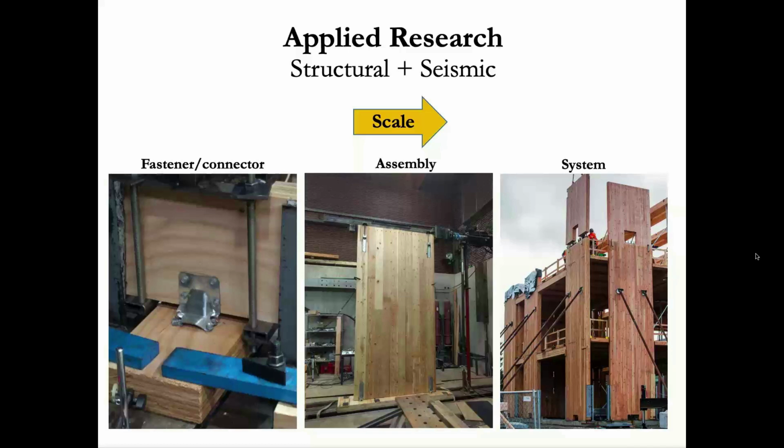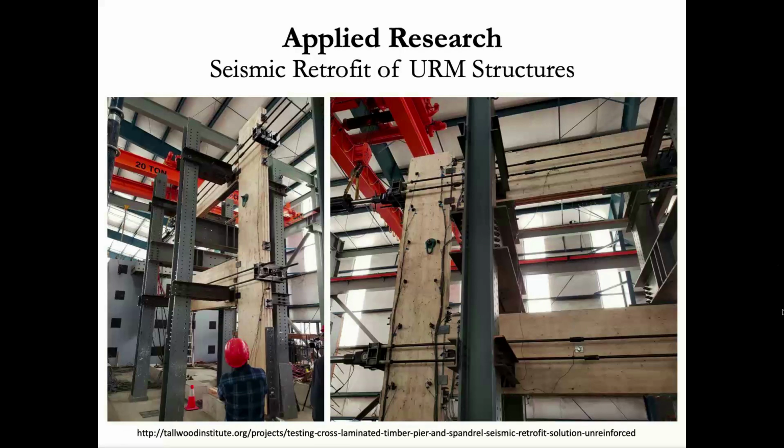We have a scale. We go from the micro scale, the fastener connector scale, which is of course really, really important, through assembly of the building assemblies all the way to full systems. And the connectors are as important, I think, as the wood elements themselves in terms of how the building performs. So there's a lot of work going on in that respect.